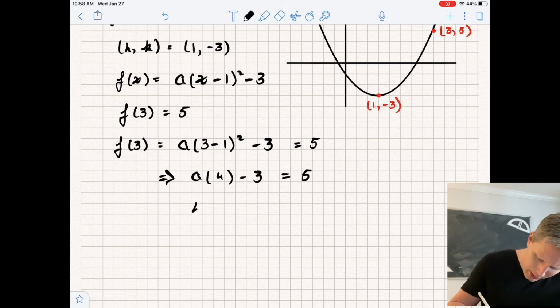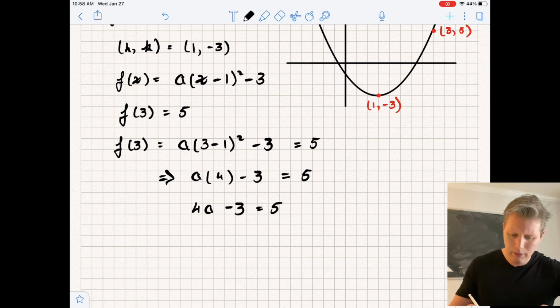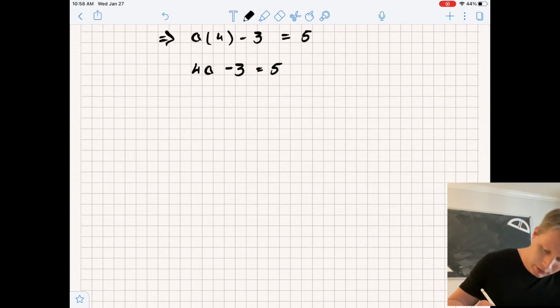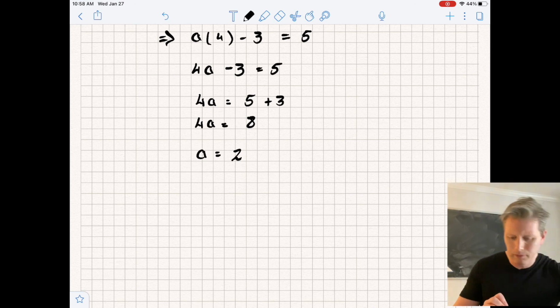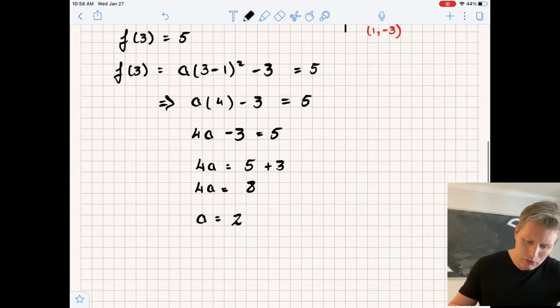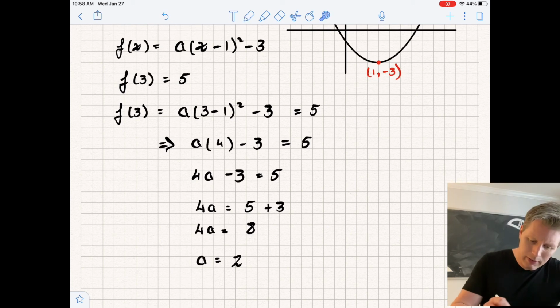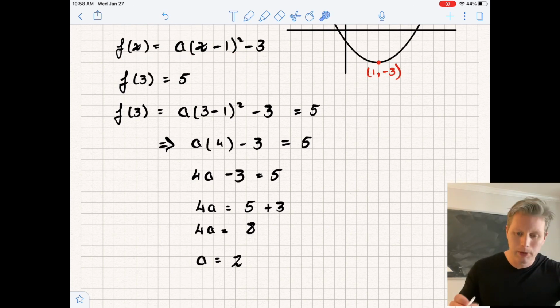So 4a minus 3 is equal to 5. Adding 3 to both sides, I get 4a is equal to 5 plus 3. 4a is equal to 8, and therefore a is equal to 8 divided by 4, which is 2. So I have my a value, and I can now put that into this form of my function right here and complete my function.